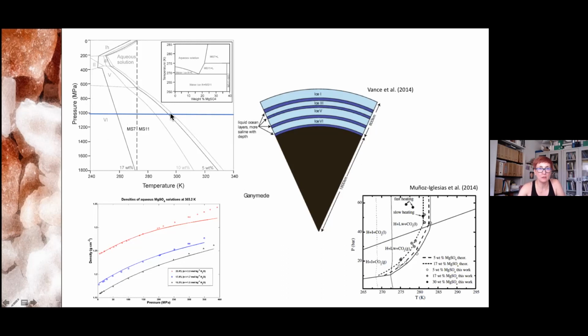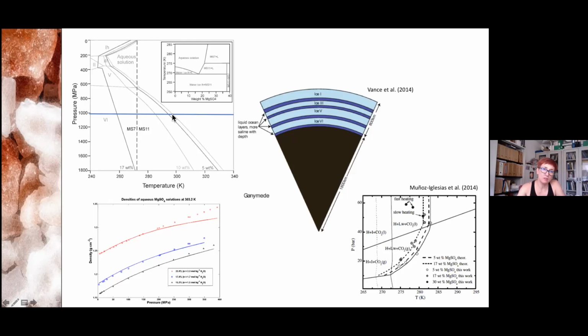So here you have, for example, for pressure that corresponds to 800 kilometers in Ganymede, which is approximately 1000 megapascal, you will melt the ice 6 at approximately 310 Kelvin.